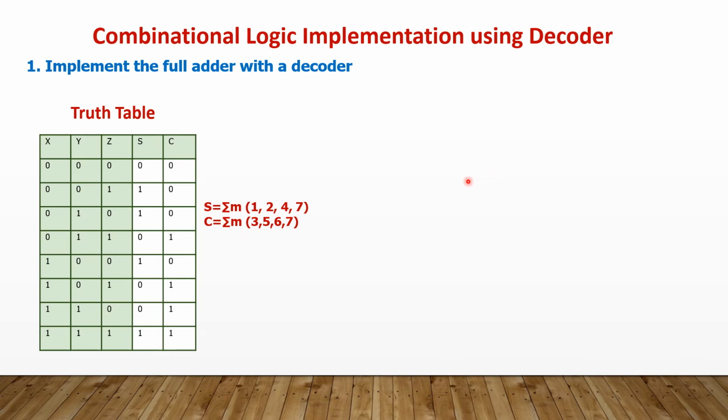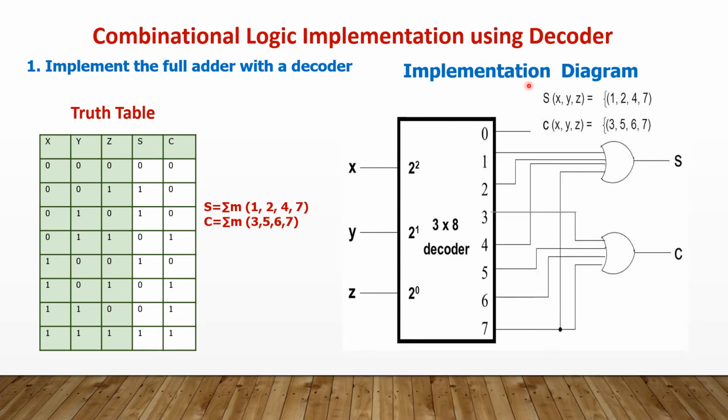Now we know the decoder circuit, so we can just implement it. This is the implementation diagram. We'll be using a 3 to 8 decoder, which has 3 inputs X, Y, Z, the same as the full adder, and 8 distinct outputs from 0 to 7.